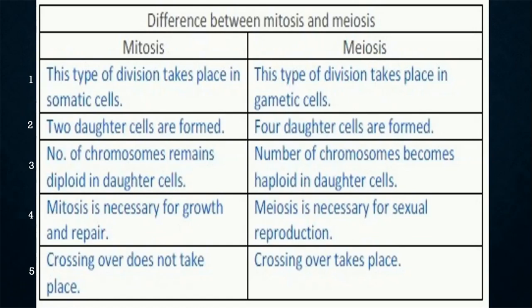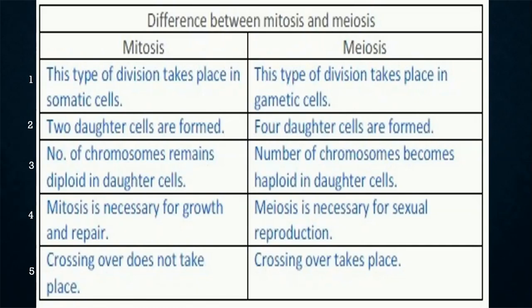Number 3, under mitosis, the cells are diploid cells, while in meiosis, the daughter cells formed are haploid cells. Number 4, mitosis is necessary for growth, development, and repair. In another word, it takes place in asexual reproduction, while meiosis occurs in sexual reproduction.